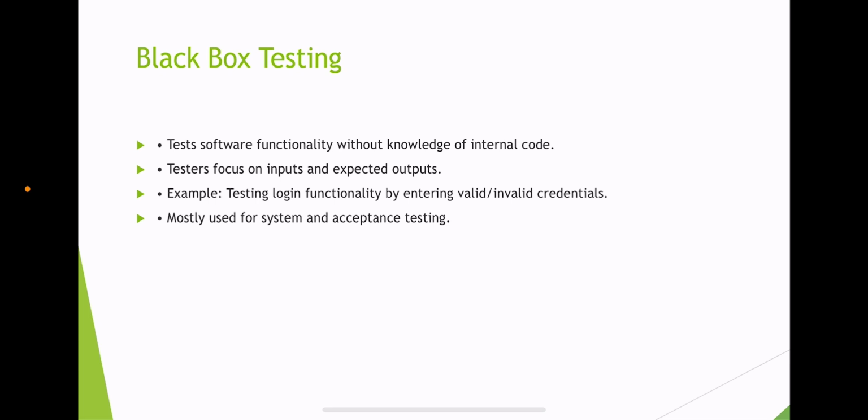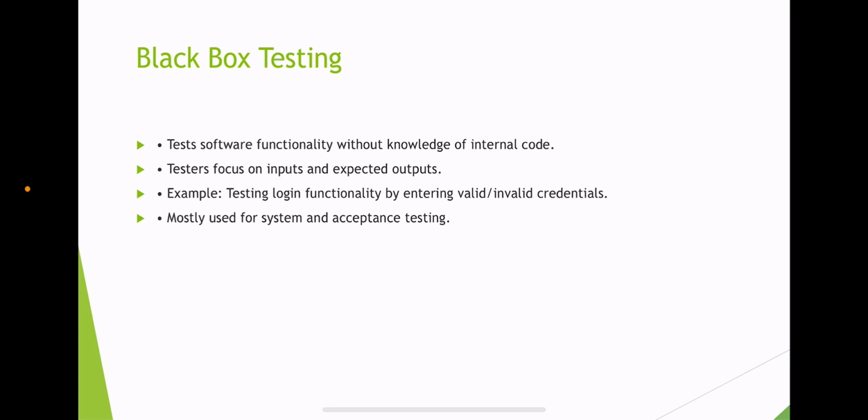So we will go with the standard definition of black box testing. It is testing where the internal code or logic of the application is not known to the tester. As the name suggests, black means you can refer to it as blind. Whenever the tester, the person who will test the application, doesn't have knowledge about the code, and tests with respect to the acceptance criteria or the functionality, that type of testing is called black box testing.